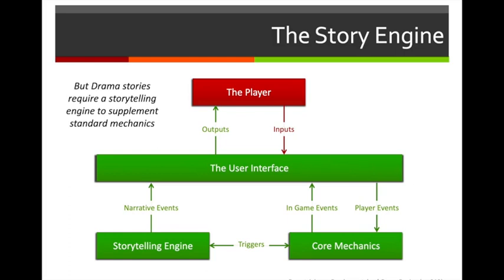Or maybe in the narrative at this point, the player has lost a particular item or a particular piece of equipment, and that's manifest in the game world by that item being removed from their inventory and no longer being available to them. So the point is that the game world and the narrative state, if you like, the storytelling engine, are working together and they are both influencing one another.